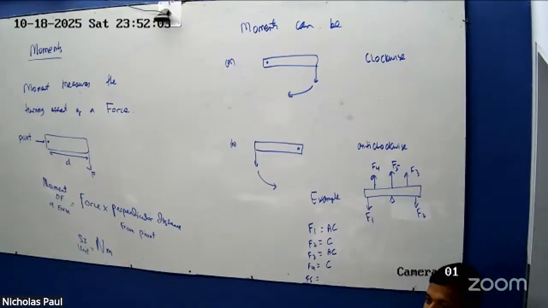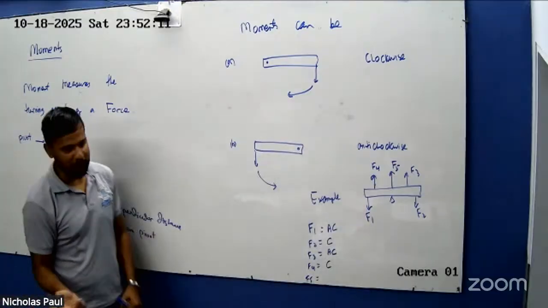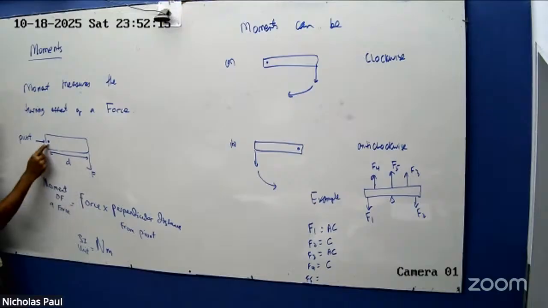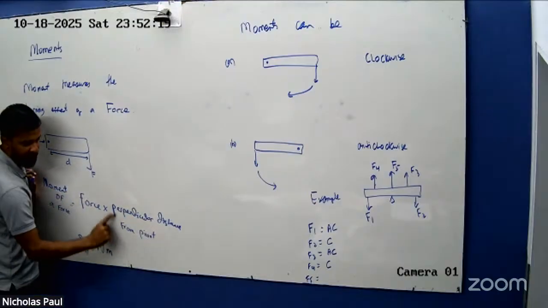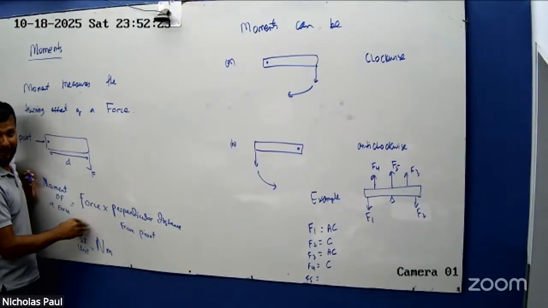Basically the question I asked is whether it's clockwise or anti-clockwise, and it's not. The reason for that is that the force is at the pivot. If the force is at the pivot, this distance becomes 0, and 0 times anything else is 0.